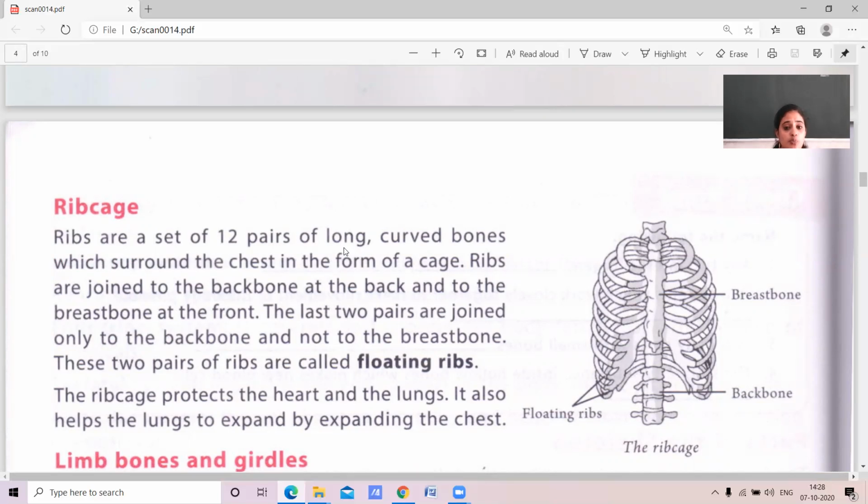The last two pairs are joined only to the backbone and not to the breastbone. These two pairs of ribs we call floating ribs. If you see in this picture, the last ribs are not joined to the breastbone.